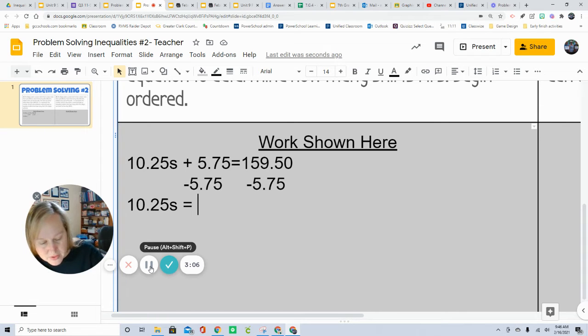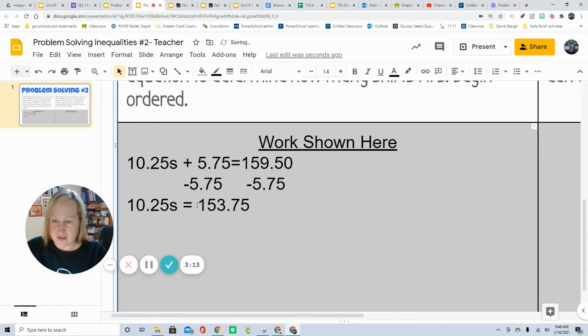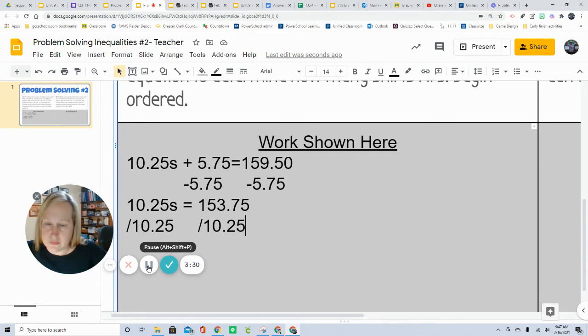I got $153.75. All right, so now this side means 10.25 times S. So I'm going to divide both sides by 10.25. And I am left with S equals 15.